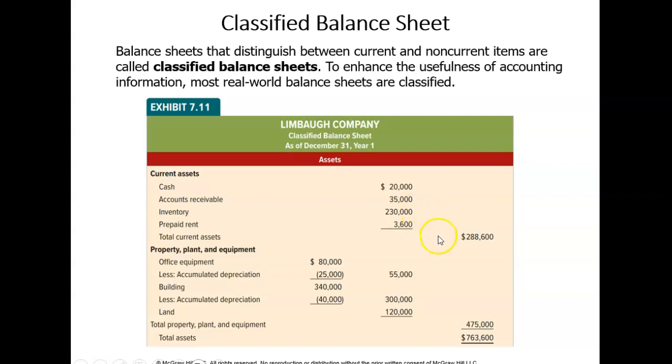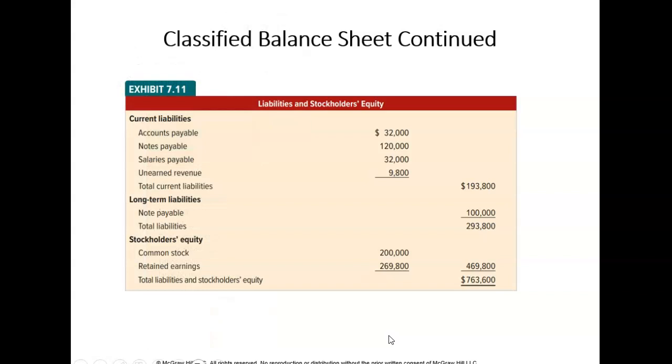First, you have your current assets section, followed by your long-term assets section. Note that each section has its own subtotal. And then for the liabilities section, here we have your current liabilities and then your long-term liabilities. Once again, each section has its own subtotal.